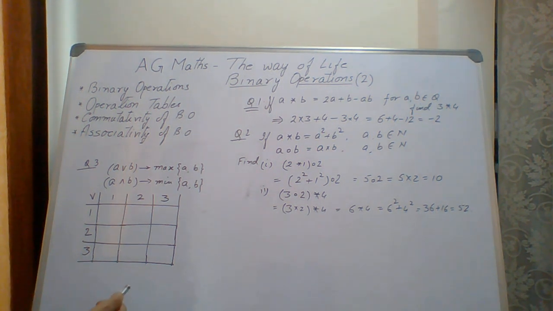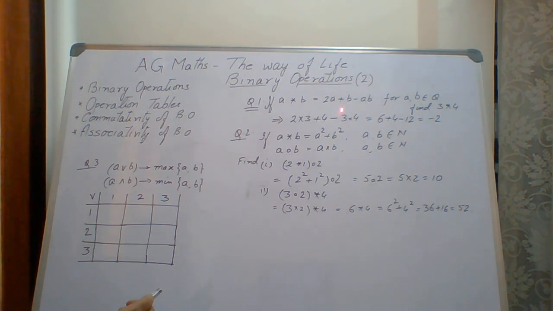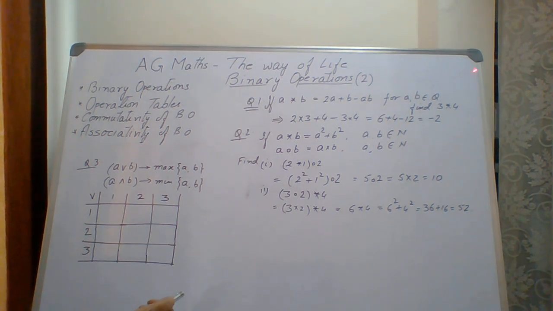Right. Now here when you look at the binary operation given, A binary B means the first element is coming two times, then added to the second element single, then subtraction of the product of the two elements. So accordingly, we will treat 3 and 4 as the first element and the second element and write the expression of the right hand side here as my solution.